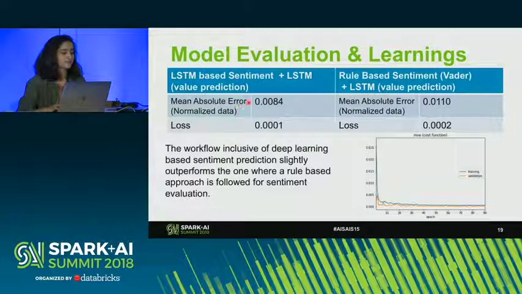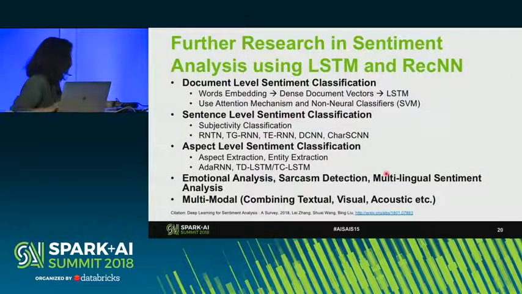There is a slight difference, and deep learning slightly outperforms the rule-based methods. On the right, we see how a graph looks over multiple epochs for the final LSTM that we apply for predicting the Bitcoin price.